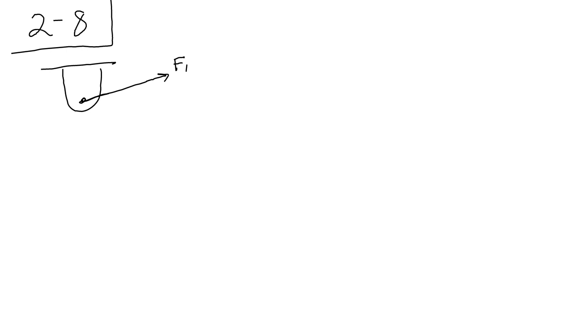This is F1, and let's make it 6. And this is F2. They give us this coordinate system, where this here is V, you can see that in yellow, and this here is U.